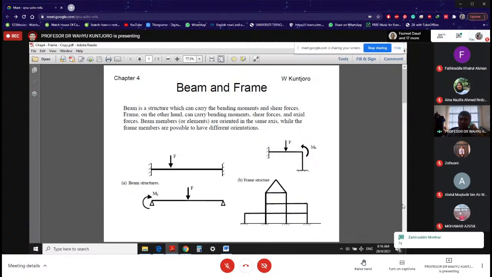Before I continue, can you respond to me? You see what we have here on the screen, beam and frame. Yes. All right, so what you see over here is two types of structure. On the left, we have beam, and on the right, we have frames.